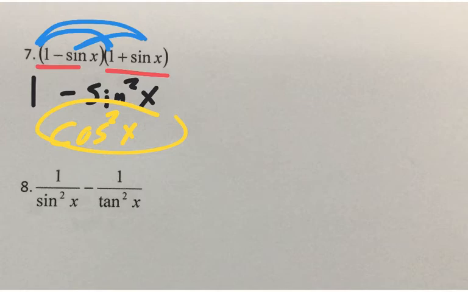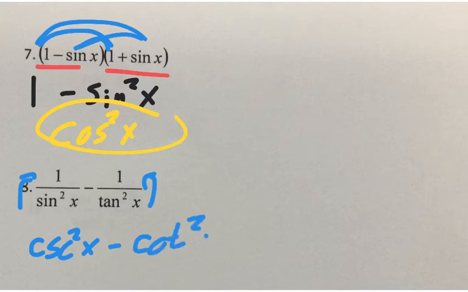When I see 2 trig functions that are squared, I'm automatically thinking, can I use a Pythagorean identity? So I'm going to move these trig functions to the numerator. So when I move sine to the numerator, it becomes cosecant. When I move tangent to the numerator, it becomes cotangent.